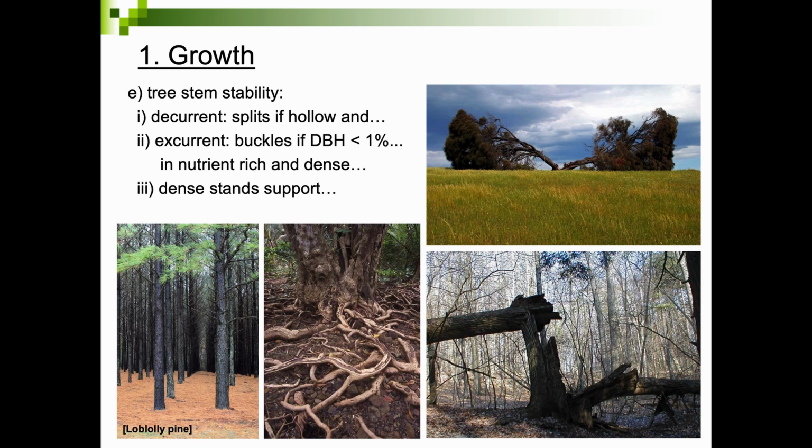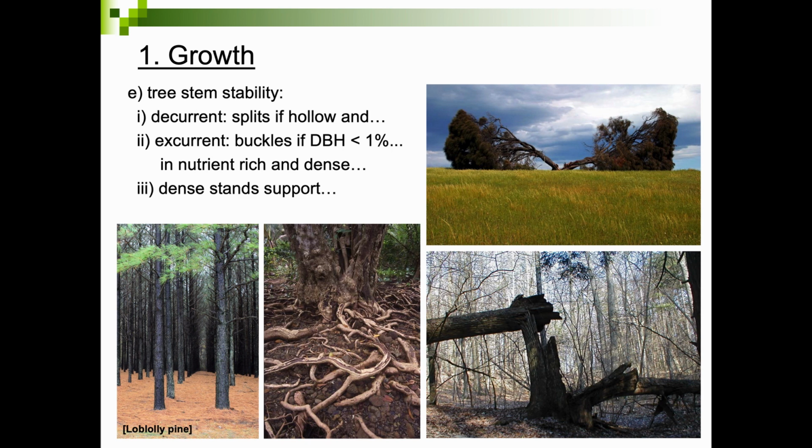Tree stem stability is something that is strongly correlated with the type of organism growing as well as its habitat type. So on the top right picture, you guys see this photograph of this tree that literally looks like it's split down the middle, right? This individual is a weakly apically controlled tree. It has all these branches.